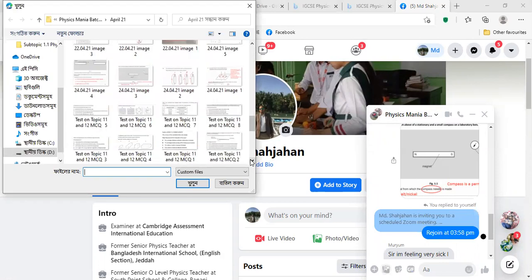And for Y, what you got? South pole, sir. Then what will happen to them? They will attract each other. Why will they attract each other? Because they are unlike poles. Yes, unlike poles attract. Got it? Yes, sir.